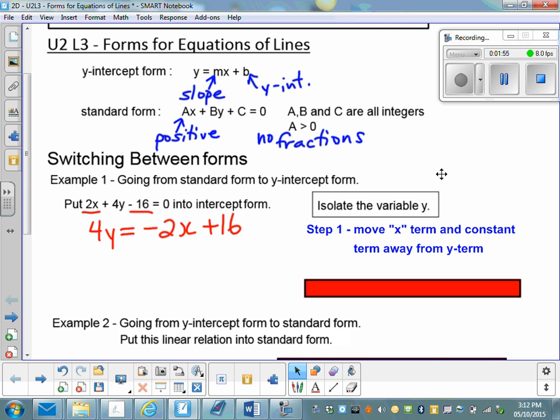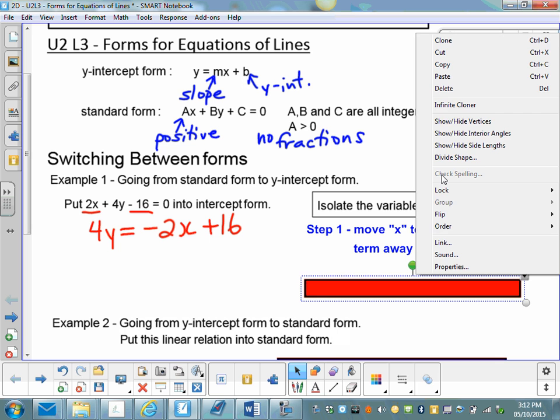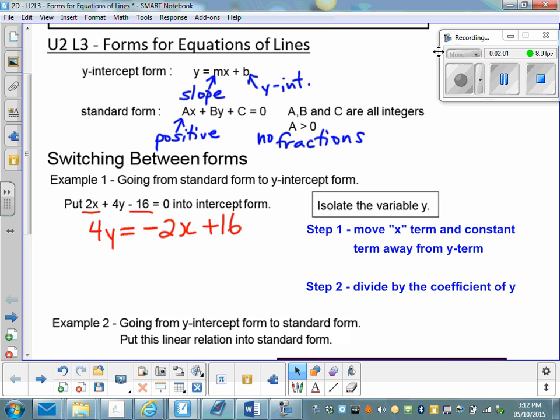Okay? So that first step helps us to get to our goal, which is to isolate the variable. And the last thing we need to do is divide by the coefficient of the y. So the number that's in front of the y is 4. We're going to move that 4 to the other side of the equal sign, and we'll divide the 4.